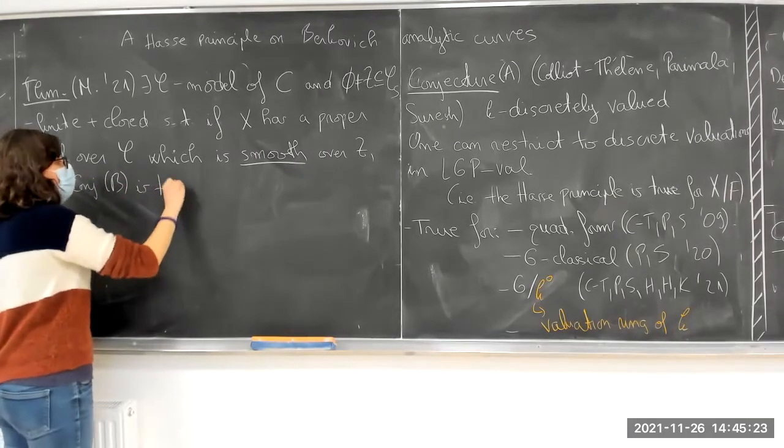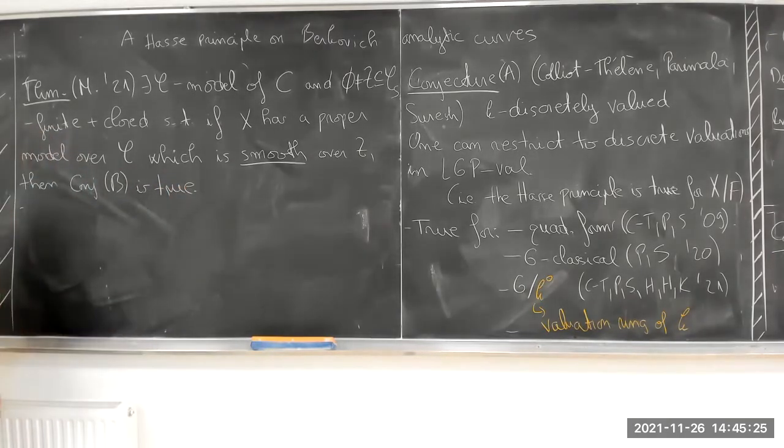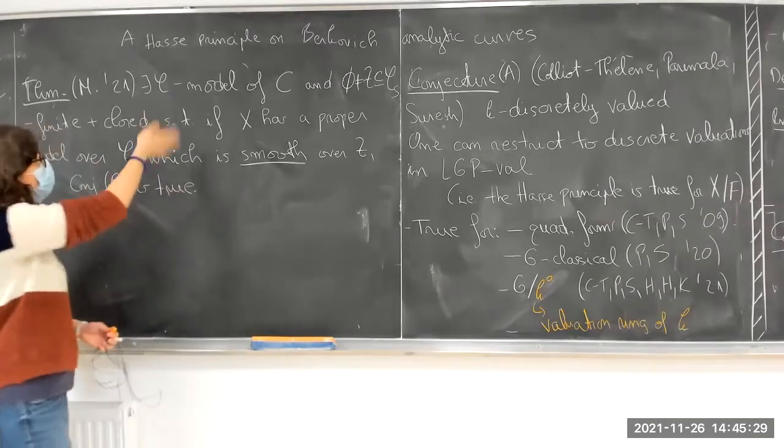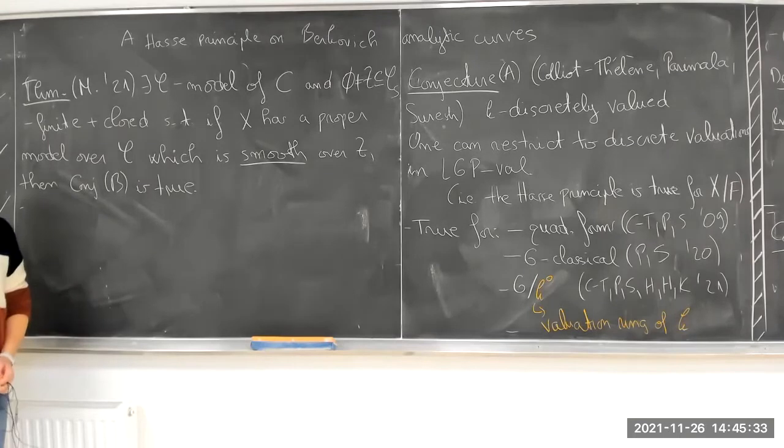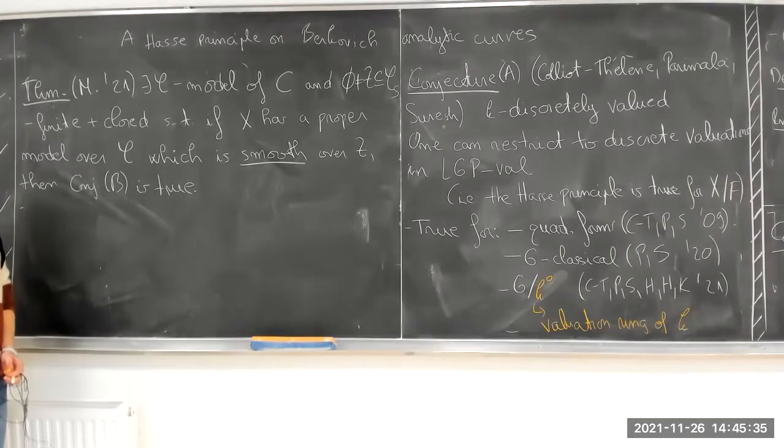Basically, we have a Hasse-Minkowski principle. Okay, so basically the theorem tells us that if our variety satisfies some very strong smoothness hypotheses, then we can show a Hasse principle.